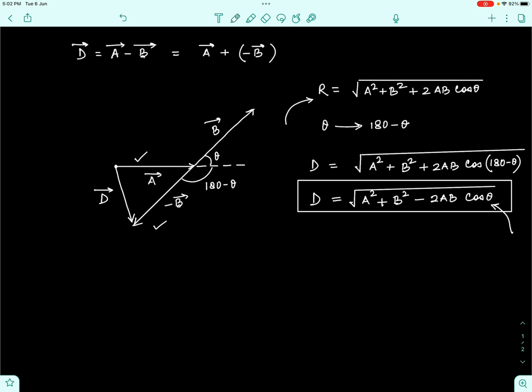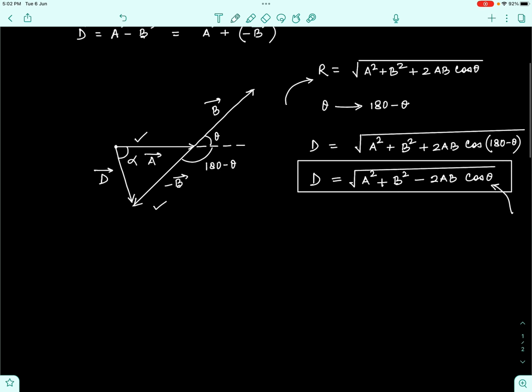We can also find out the angle that vector D makes with vector A. In order to get the direction of vector D, the difference vector, let's try and find out this angle alpha. So if we just recall how we used to find the angle phi, which the resultant of vectors A and B used to make with vector A, the expression, if you can remember, and it is discussed in the previous videos, is given by b sin theta divided by a plus b cos theta, right?